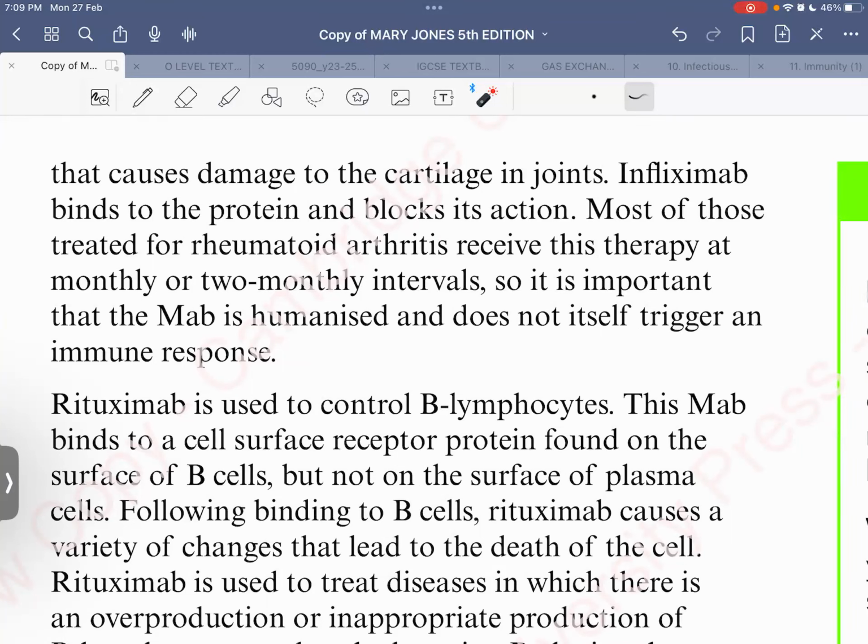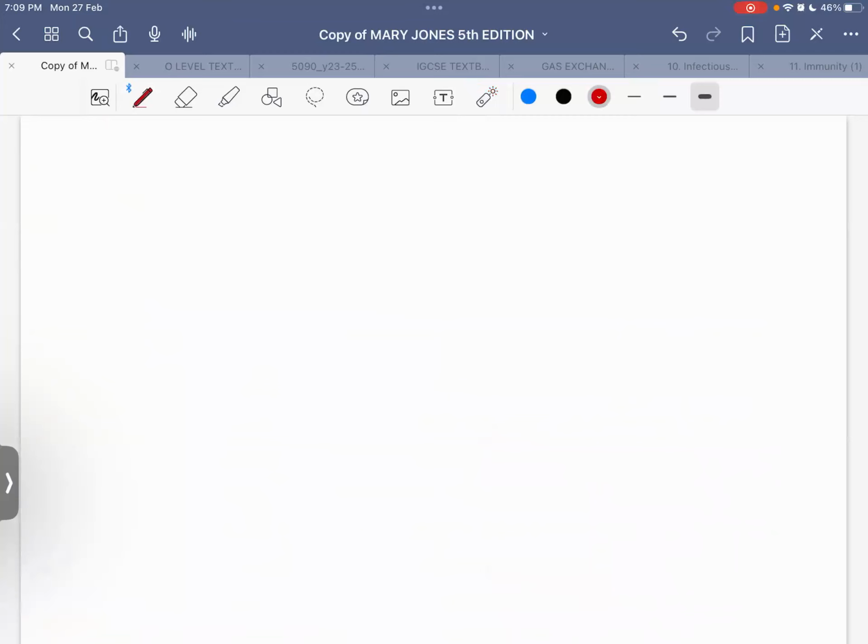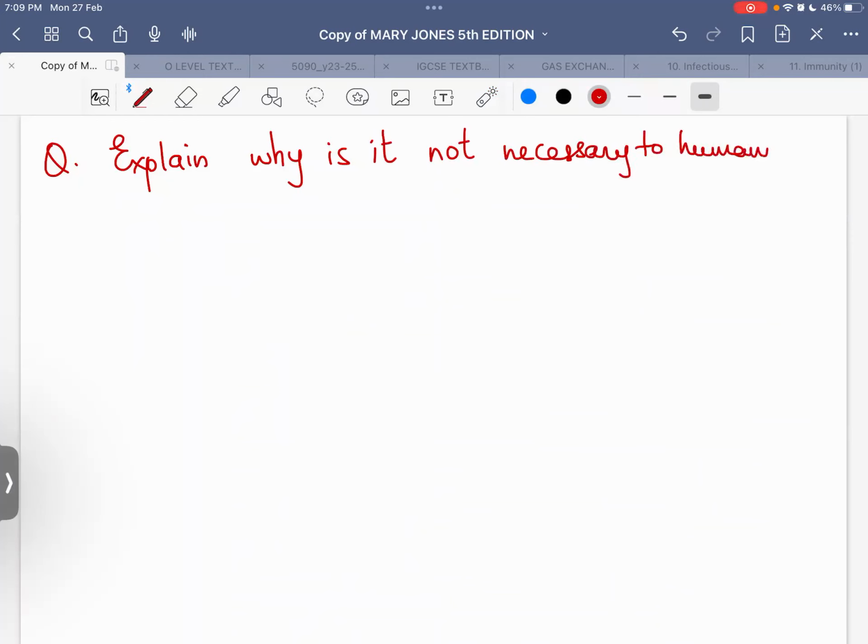So it is important that the MAB is humanized and does not itself trigger an immune response. Acha. Examiner can ask you this question also. And let me write this and I will share these slides with you. The question is, and with that, I'll just take 2 to 3 minutes and then I'll end. Explain why is it not necessary to humanize MABs used in diagnosis?